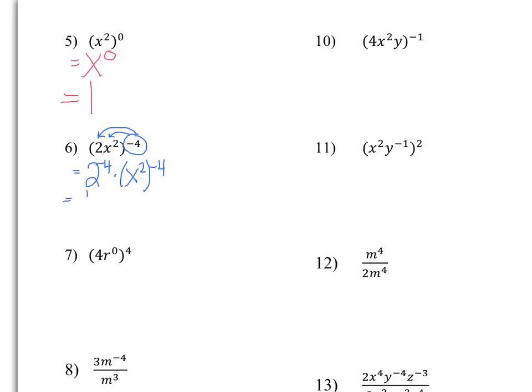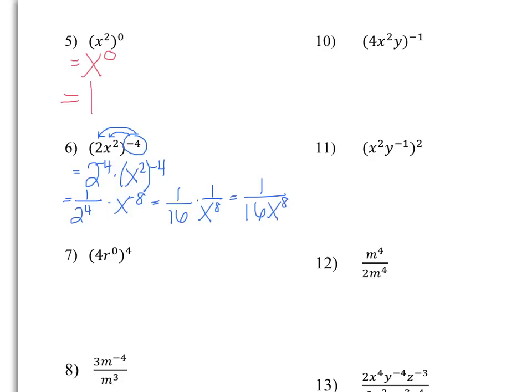Well, 2 to the negative fourth is 1 over 2 to the fourth. And x squared to the negative fourth is x to the negative eighth. So this is going to be 1 over, now 2 to the fourth is 16. And x to the negative eighth is 1 over x to the eighth. So simplify this together, we have 1 over 16 x to the eighth.